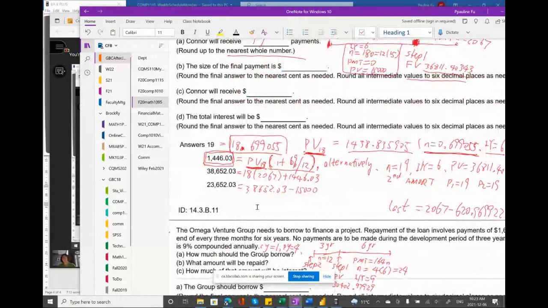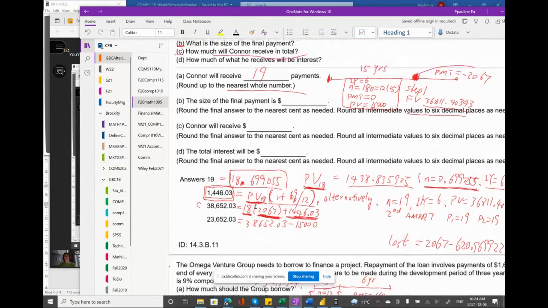You use 12 months times monthly payment 2064 plus last payment. That is the total you received. Make sense? Okay, that is question C.